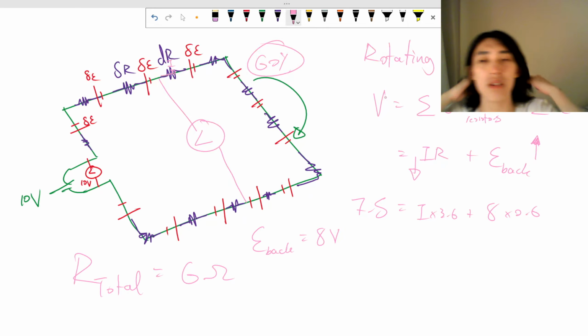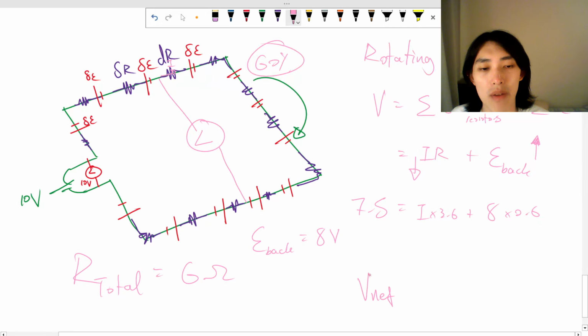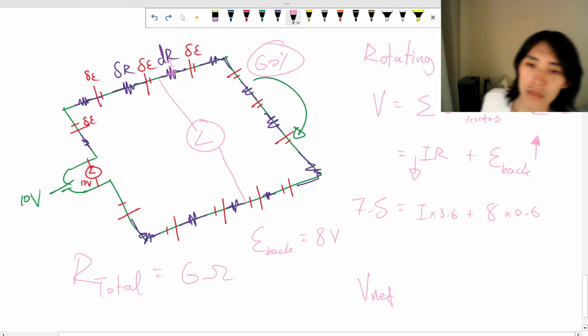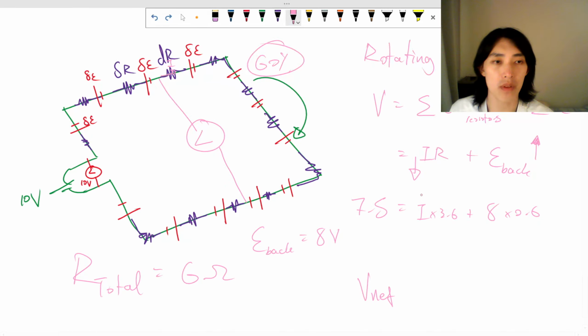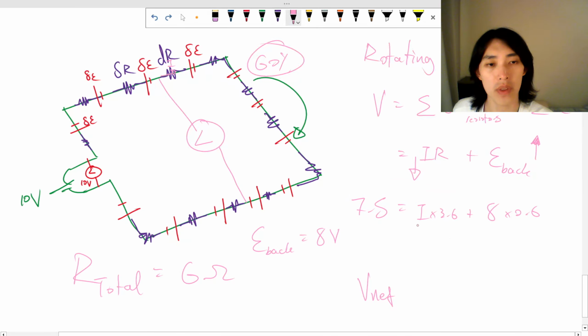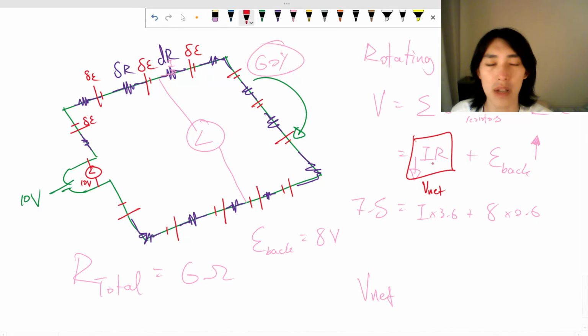And finally, this brings us to the question of why we can't measure Vnet directly. Why can't we just measure Vnet across here? Why do we always measure V terminal and V supply? The reason is because of this. This term here is our Vnet. Remember that Vnet is equal to the current I times the winding resistance.